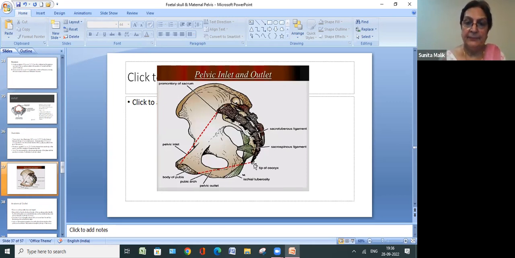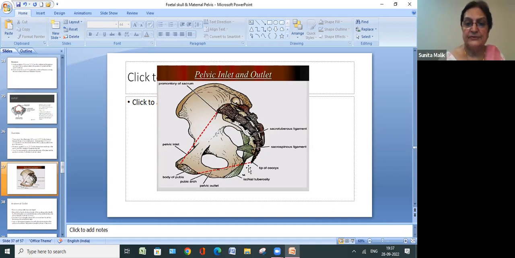If we take the tip of the coccyx to the inferior border of the symphysis pubis, this is the anatomical outlet. If we take the tip of the sacrum, passing through the ischial spines and then the inferior border of the symphysis pubis, it becomes the least dimension or obstetrical outlet.